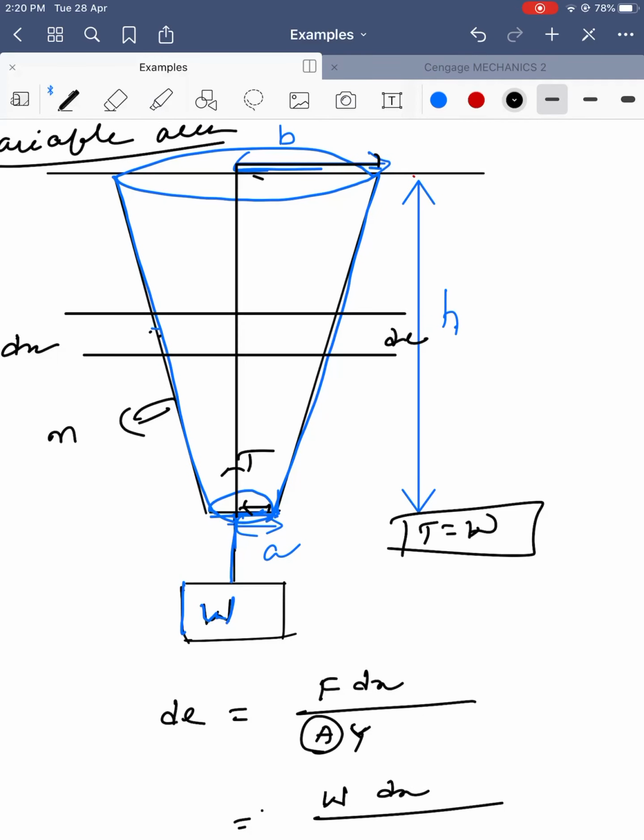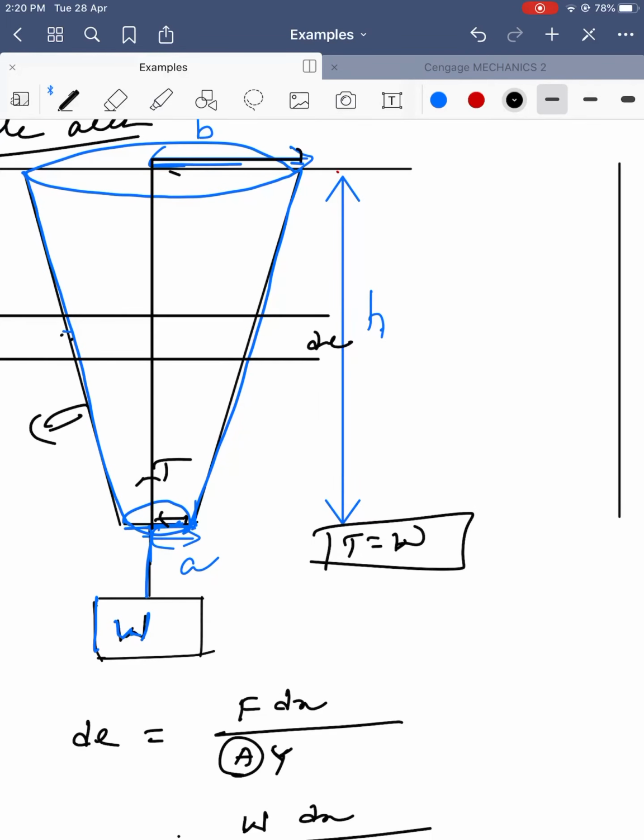In this section, how will the area be? Is it like a square? If you think it's a square, you are a fool, number one. Think it is like a disc. So what is the radius of this?